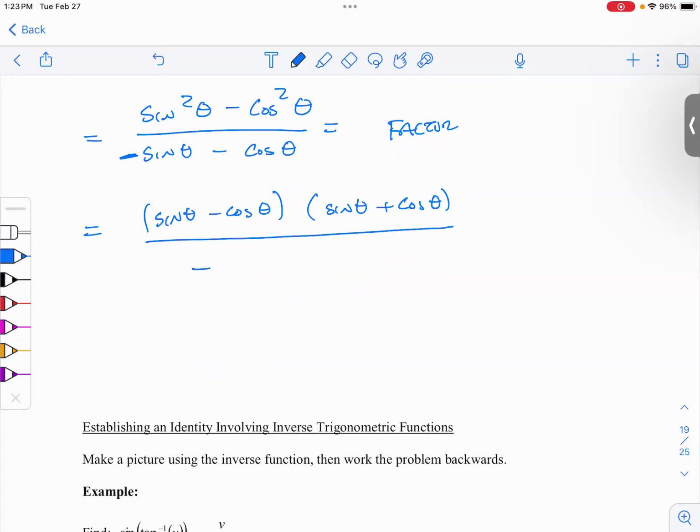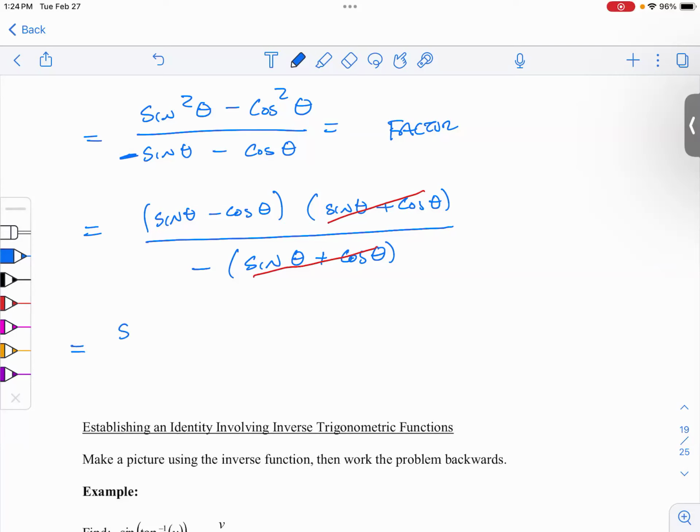And that means I need to pull out a negative here and then we're all good. Then cancel again. Now we're just canceling the other piece.